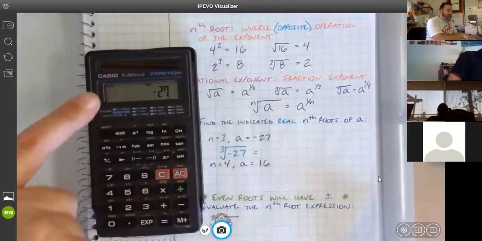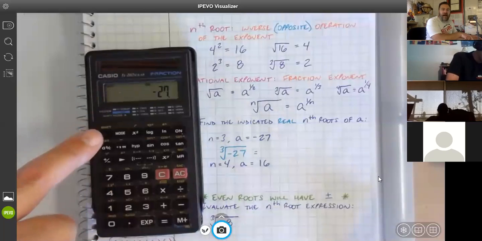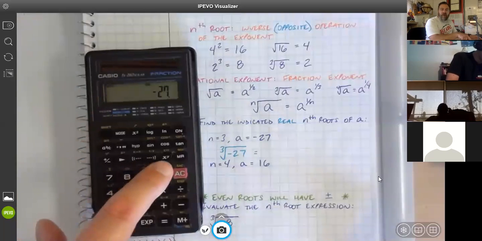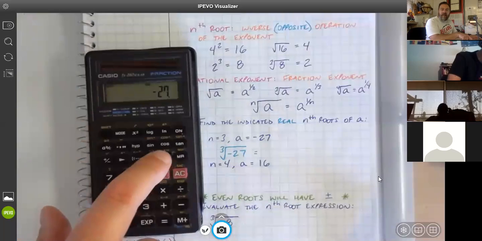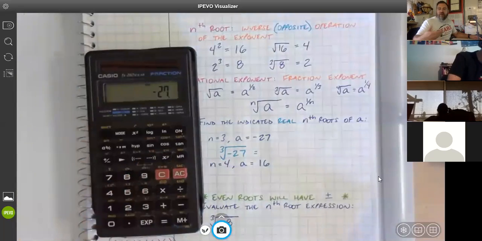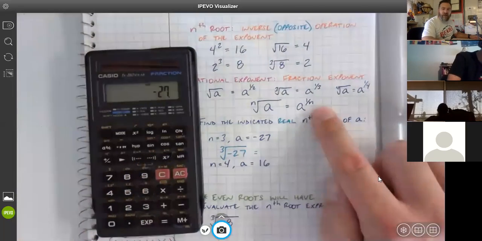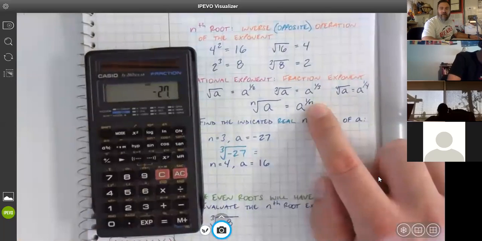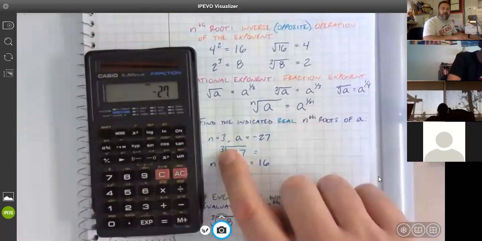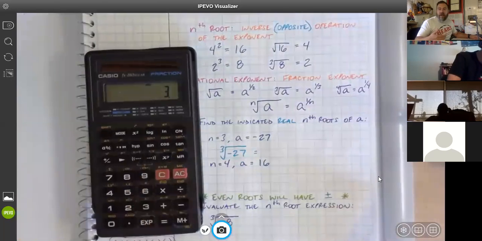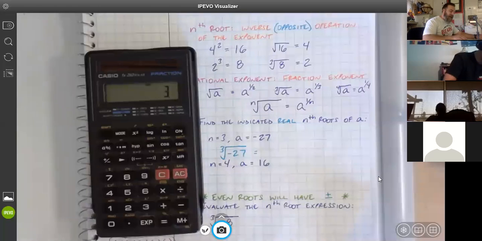Now that I've accessed that, I'll push this button and access that secondary function. So now it's waiting for what denominator is in here. In this case, 3. So now instead of raising it to the 3rd power, it's taking the cube root of that. And so that result is negative 3.